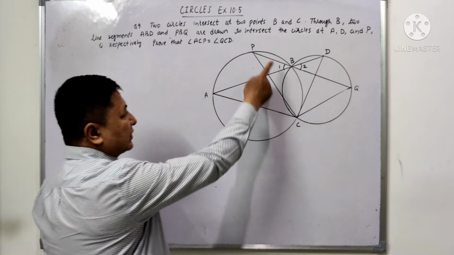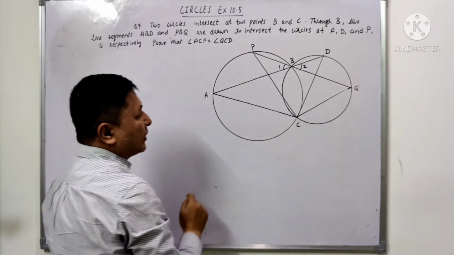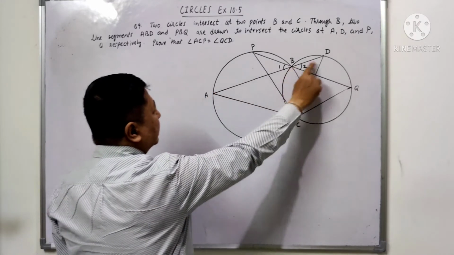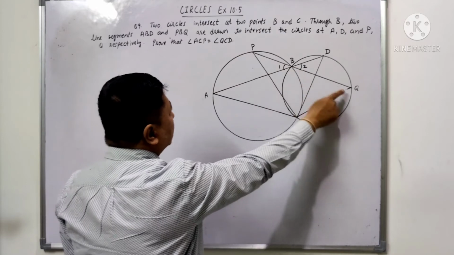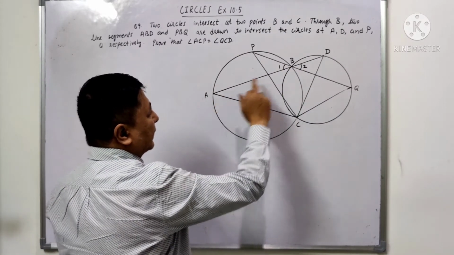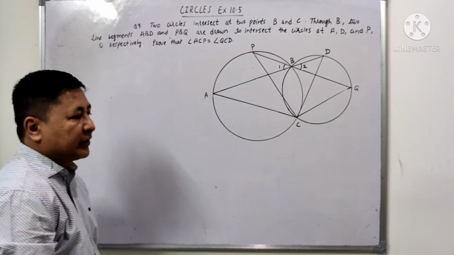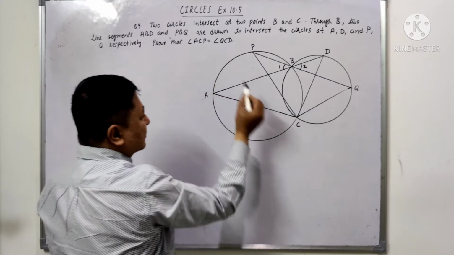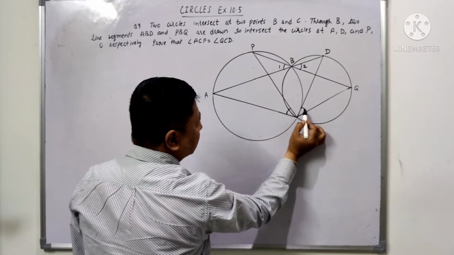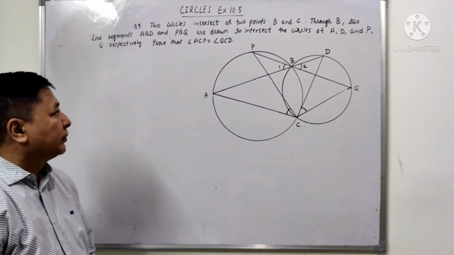These are the two circles, the first circle and the second circle, intersecting at B and C, and the line segments ABD and PBQ are drawn to intersect the circles at A and D, and P and Q. We have to prove that angle ACP is equal to angle QCD.